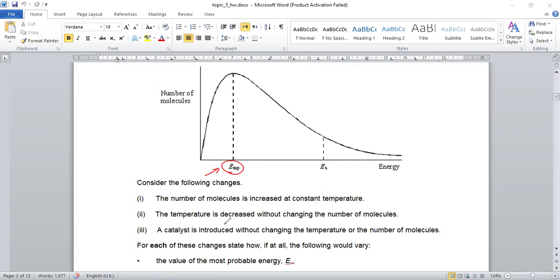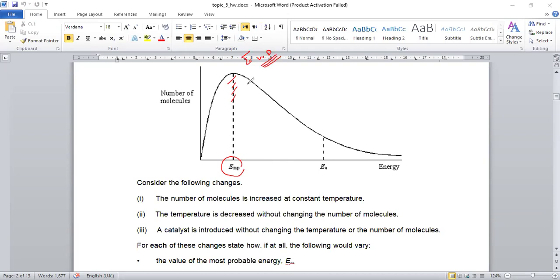The second factor: the temperature is decreased without changing the number of molecules. We said when increasing the temperature, the curve will shift to the right, increasing the activation area and decreasing the number of molecules in EMP. So what happens when we decrease the temperature? The activation region will decrease and the EMP region will increase. The number of molecules which have the maximum energy will increase.